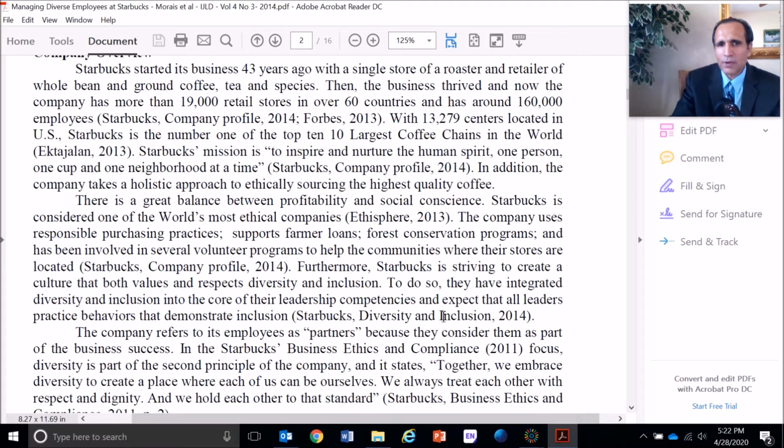Again, this comes from Starbucks' website or the information that they have made publicly available. Starbucks Diversity Inclusion 2014. So if you look in the references under Starbucks Diversity and Inclusion for 2014, you'll see exactly where that information comes from, or the link, in the reference list of this paper.